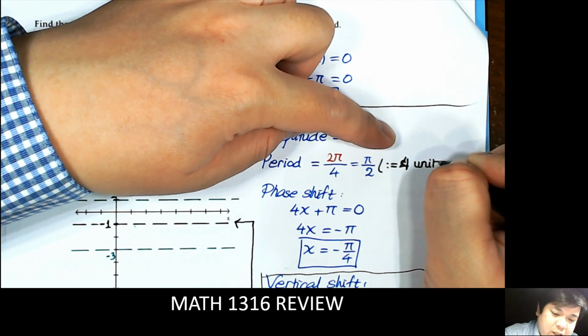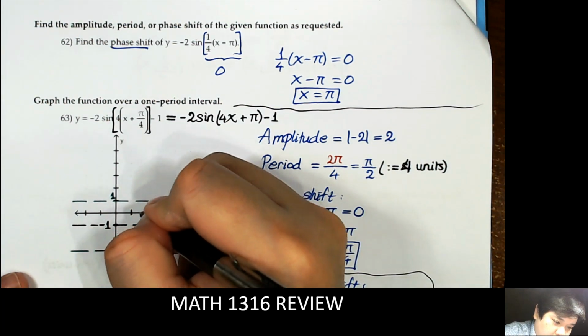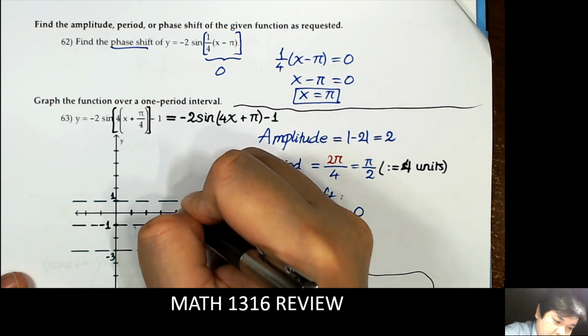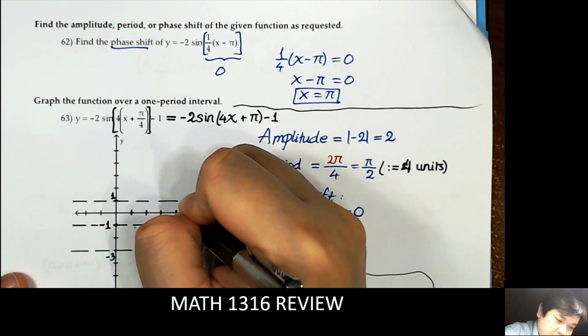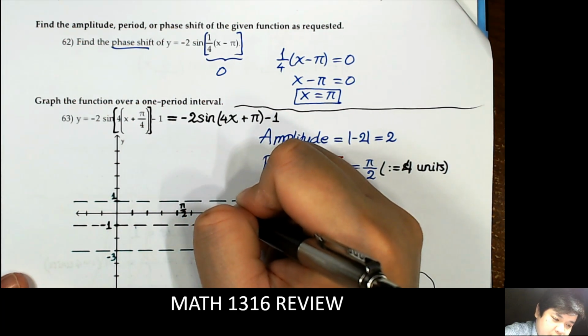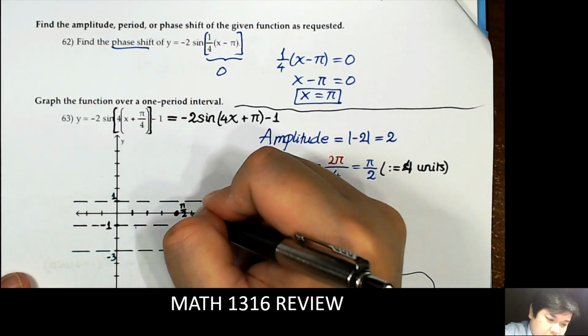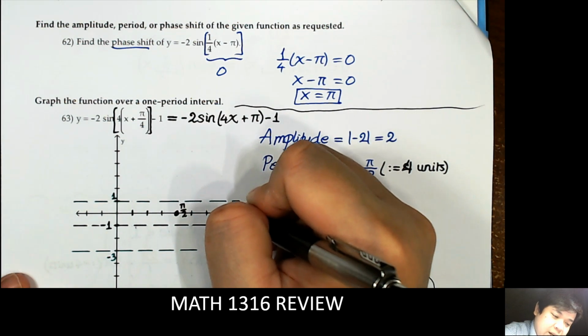I choose 4 units to be pi over 2. So 1, 2, 3, 4. That is pi over 2. 1, 2, 3, 4. That would be pi.